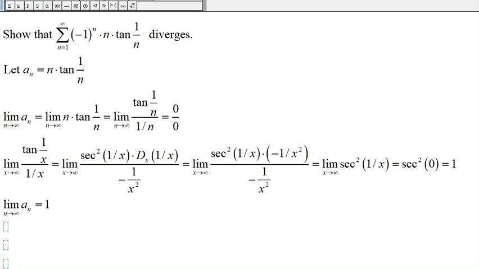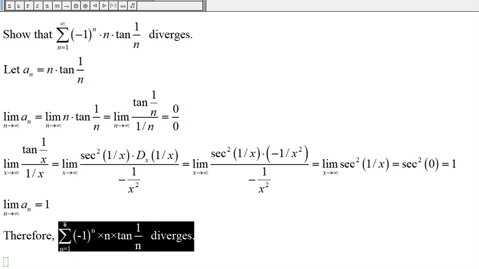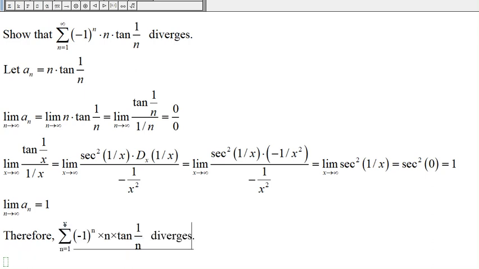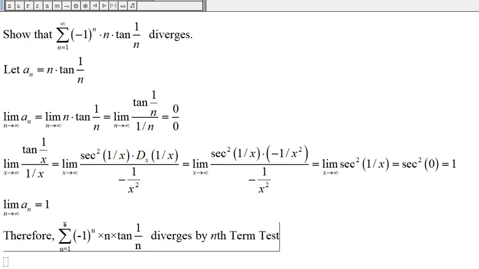And therefore the series right here diverges by the nth term test.